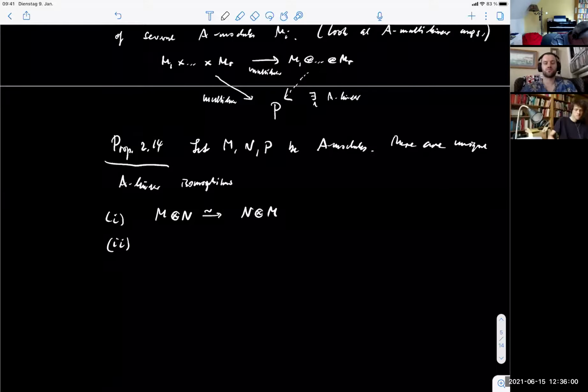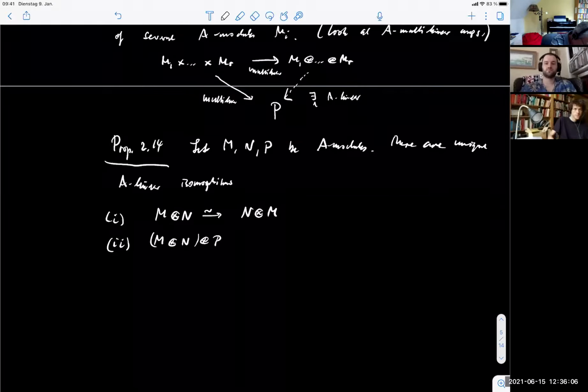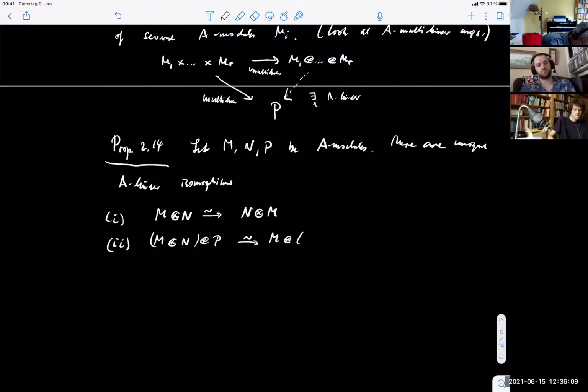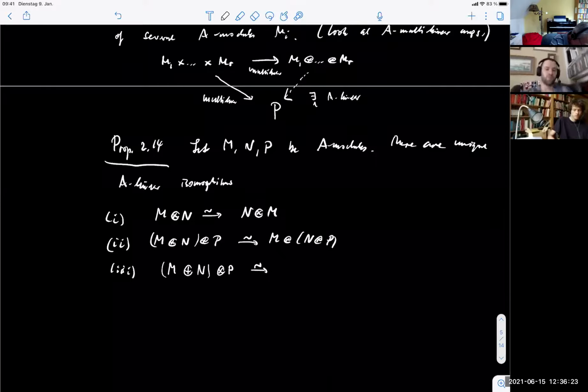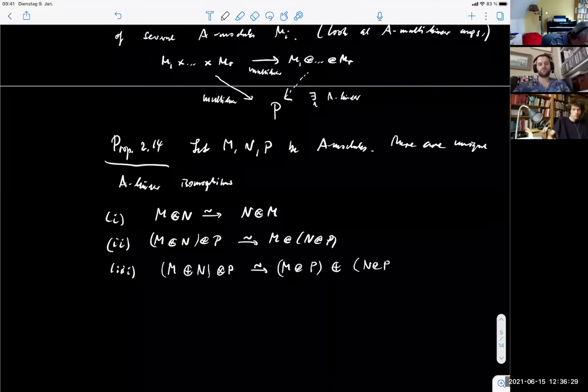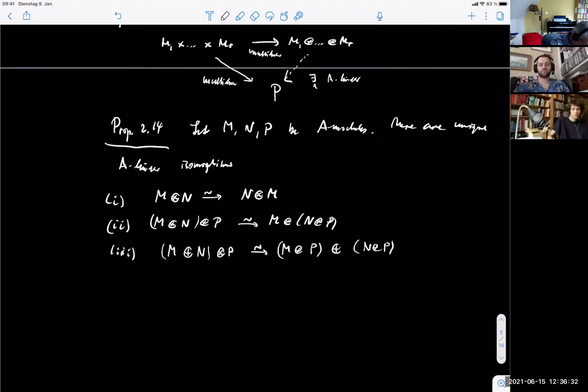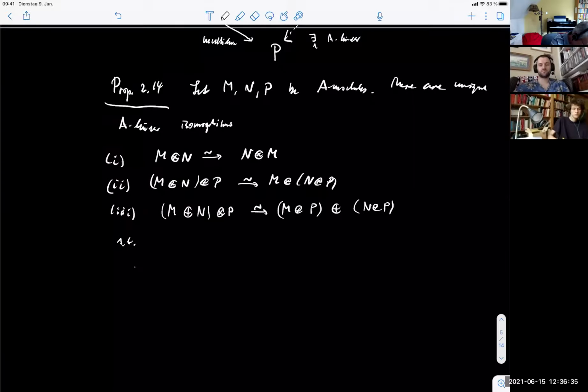This is associativity, and this is distributivity, I guess. Here this is now direct sum, here is tensor product, and I have a canonical guy here. So there are unique A-linear isomorphisms such that, let's call these a, b, c: x tensor y is mapped to y tensor x under the first map.